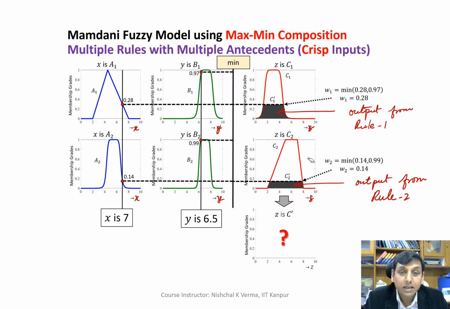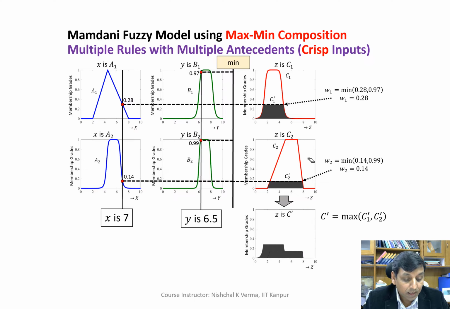So we take the aggregation, we take the union of these two outputs coming from rule number 1 and rule number 2, and this way we are getting this fuzzy value as the output corresponding to the inputs as crisp values, x is equal to 7 and y is equal to 6.5. So this is the fuzzy value as the output here.